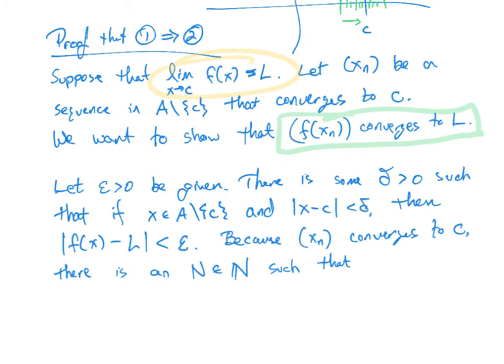We want the xn's to satisfy that. We want them to be within delta of C. So there's an N such that xn minus C is less than delta. So x is within delta of C for all little n at least capital N.